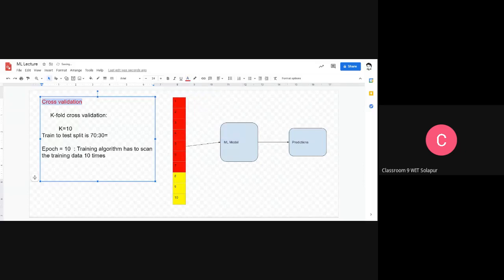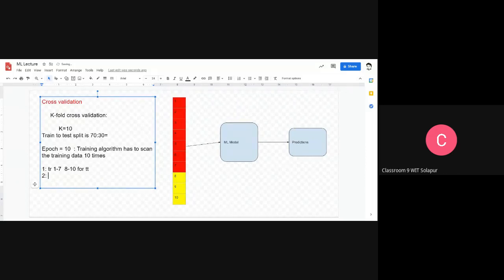So cross validation means that during epoch 1, let us suppose, it uses parts 1 to 7 for training, and parts 8 to 10 for testing, right?